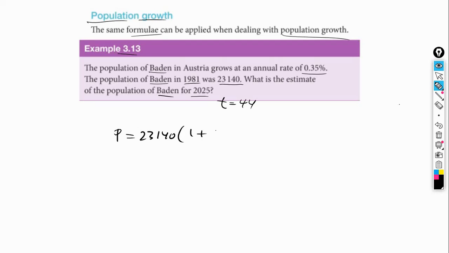So it would be 0.0035 and this to the power of 44. So we plug this into the calculator. We're going to get approximately 26,985. So that means that the estimate of the population for Baden in 2025 would be 26,985 people.